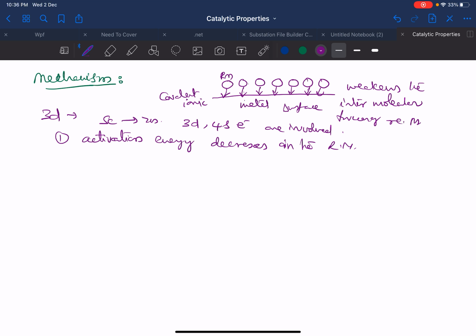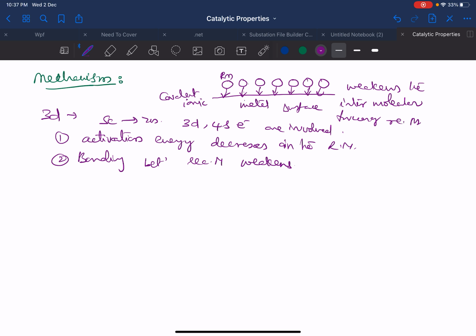And the next one is that the bonding between reactant molecules weakens. That means the force of attraction between the reactant molecules gradually decreases.